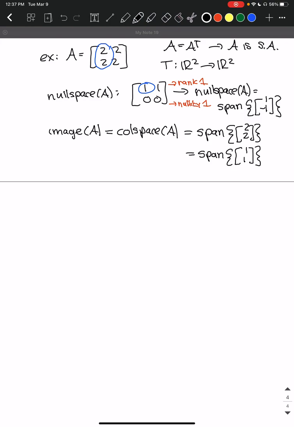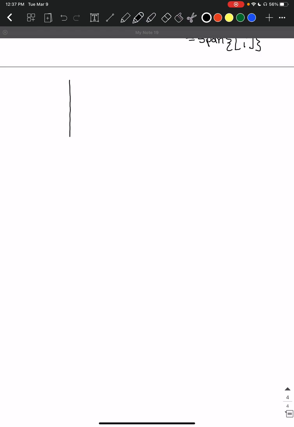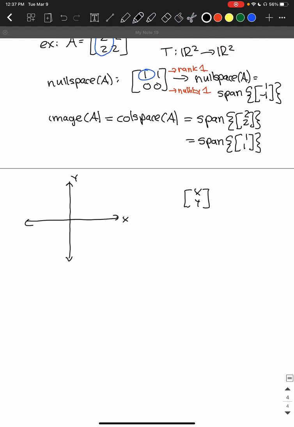Okay. And let's plot these, because these are two-dimensional vectors, right? So I can have x and y here correspond to my columns like that. And so I have my null space here is a span of 1, negative 1. So that is x is equal to minus y.